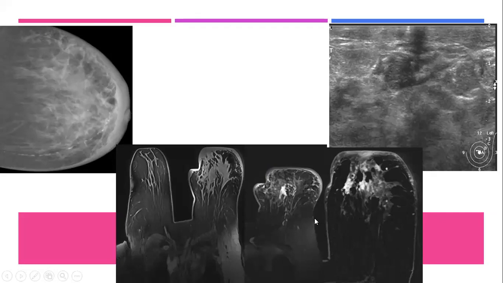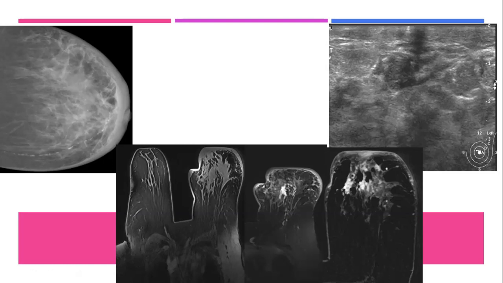Excellent, well done. This is more important. The findings are suspicious, and the lesion is also seen extending toward the nipple, which is thickened and enhanced. That is invasive.